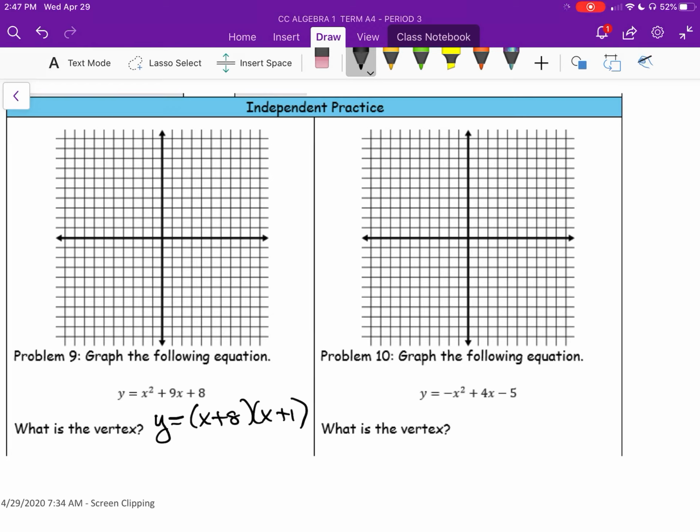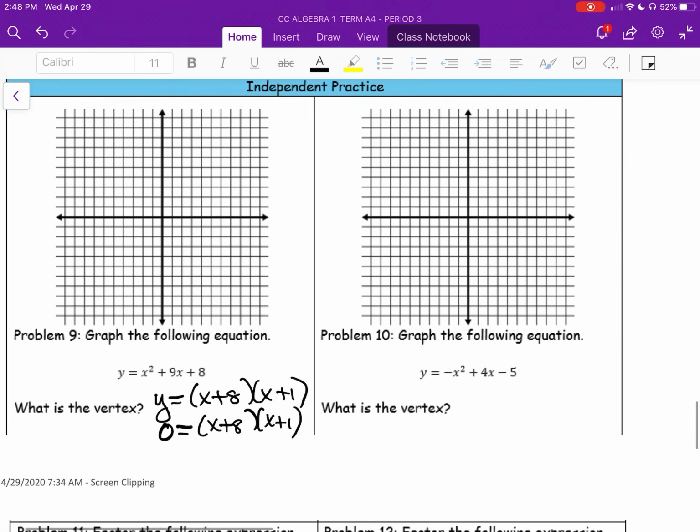Now, if you remember, if I set this equal to 0, I can get the intercepts. So I could say that the two numbers that go in the parenthesis to give me 0 are going to be negative 8 and negative 1, because negative 8 plus 8 is 0, and negative 1 plus 1 is 0. I think I need to do a better job showing you that.